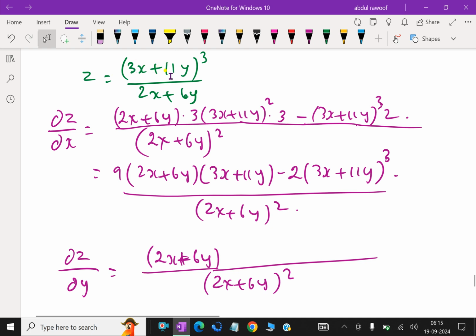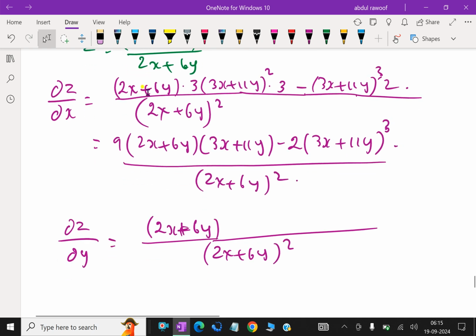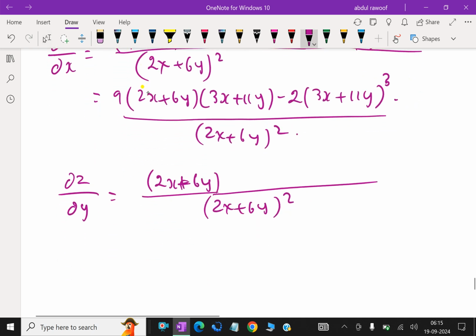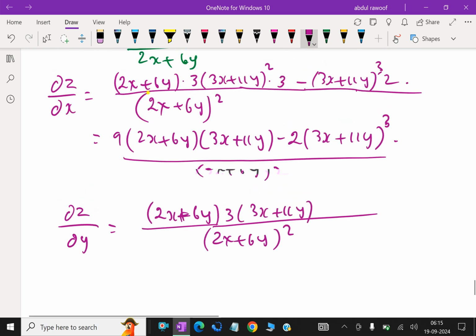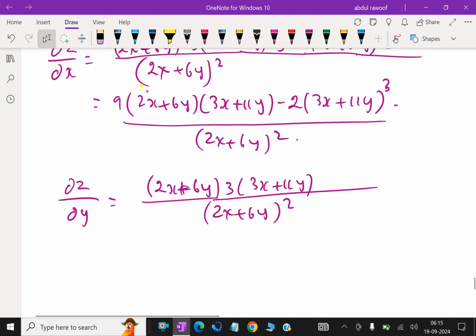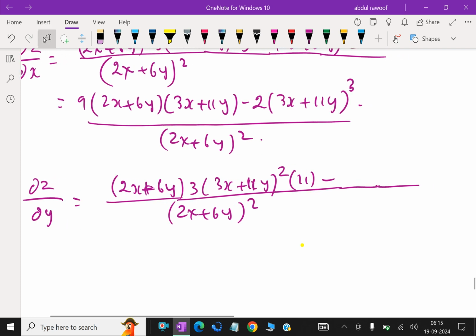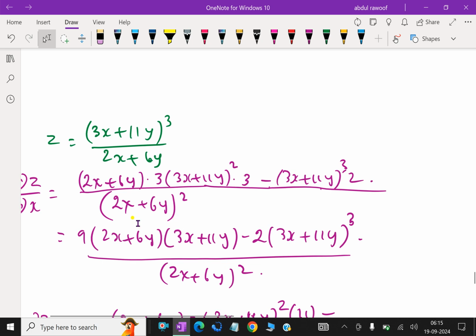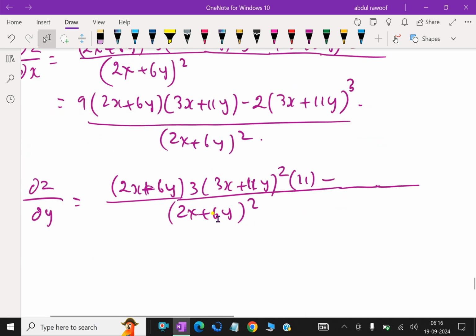With respect to y is 3 into 3x plus 11y the square, and the inner derivative with respect to y is 11, minus then derivative of the denominator, that is dv.